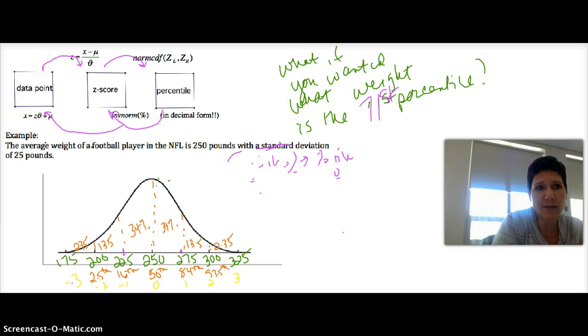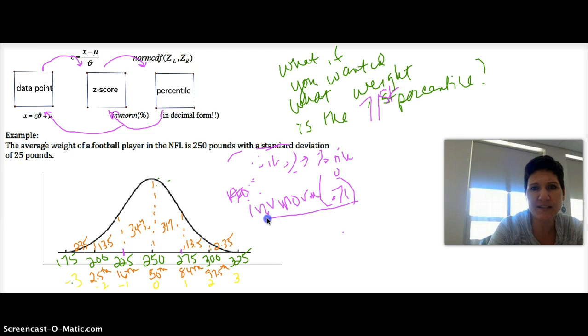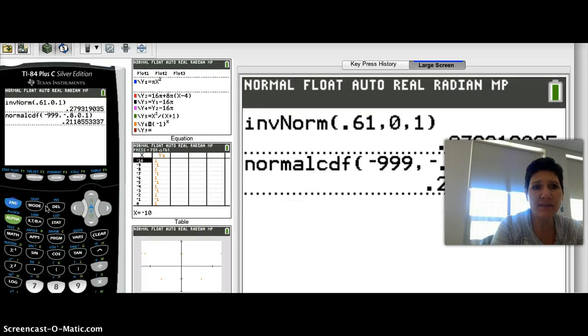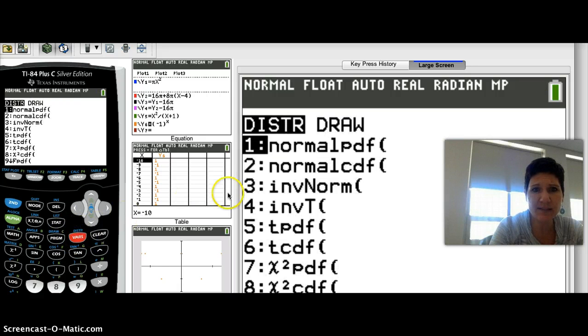So in our calculators, we want to do inverse norm, and we're going to put 0.71 in here. What this is going to give us is our z-score. So let's go to our calculator. This time we're going to do inverse distribution, and you'll notice number 3 is what we're on the hunt for.